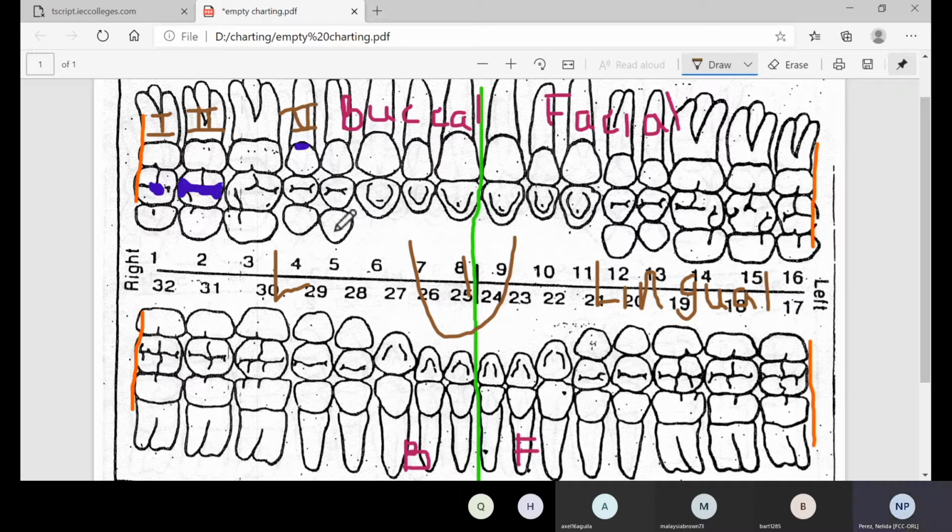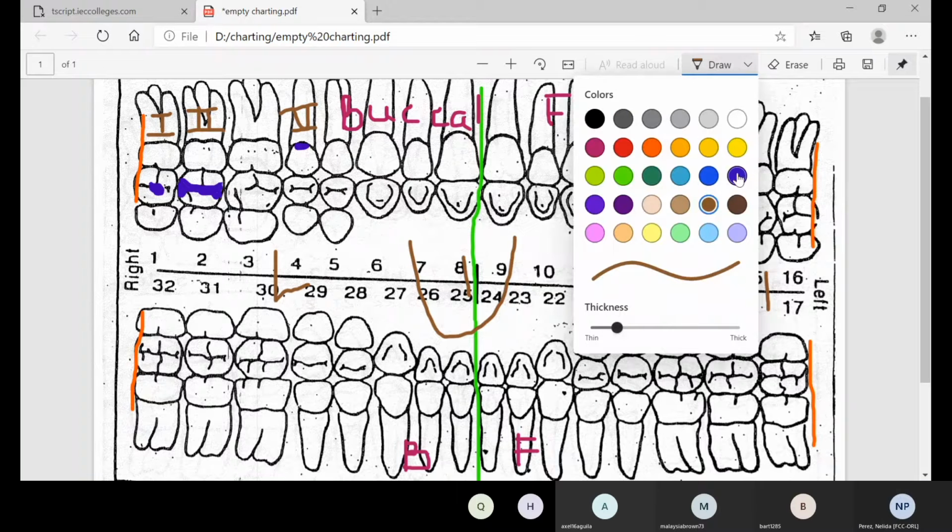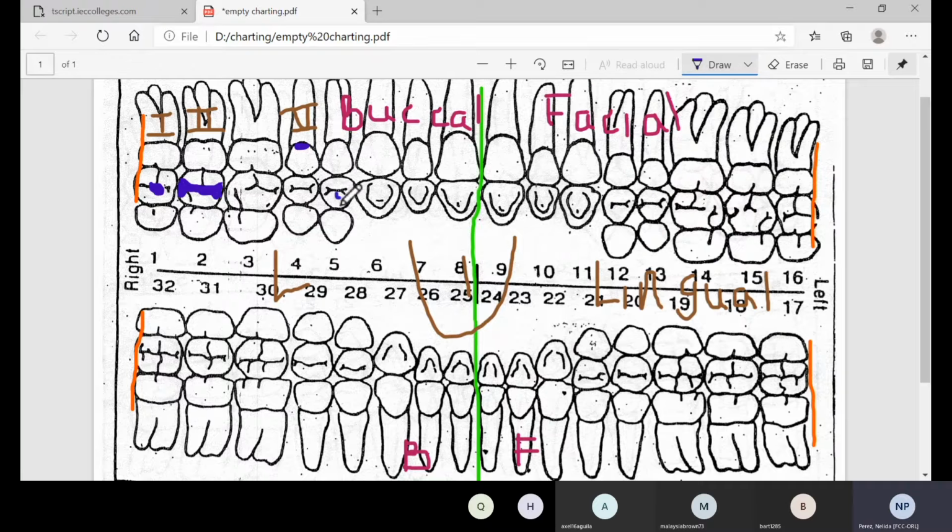Now, if you turn to the top page of your workbook on 194, you had a picture that looks somewhat like this. It was just a circle.